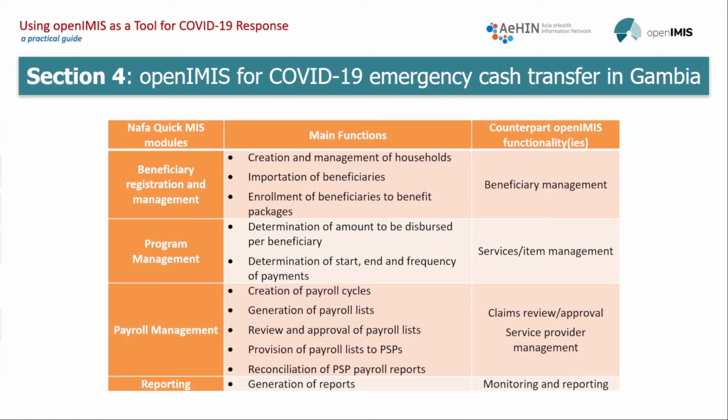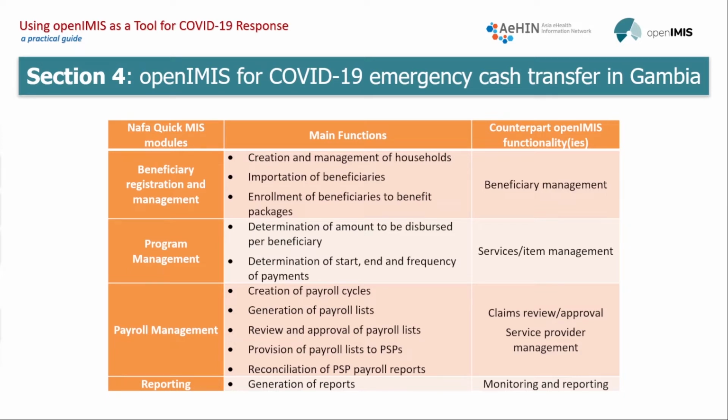This table summarizes the 4 NAFA Quick MIS modules and their main functions, comparing them with the functionalities of the original openIMIS as discussed in Section 1. In the implementation of the program, the initial list needed to be cleaned and duplicates removed. The registration form was built using Kobo Toolbox, another open source software used for data collection in humanitarian events.